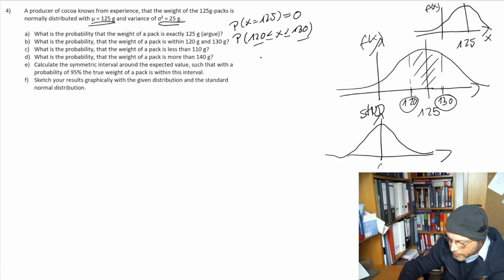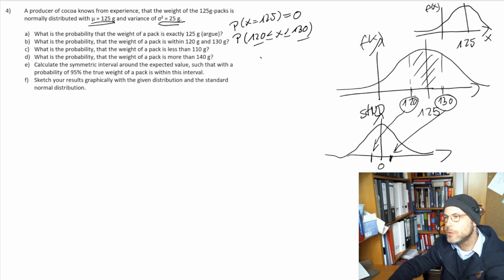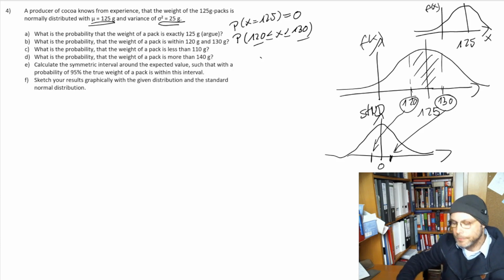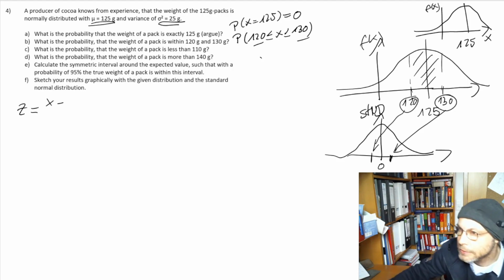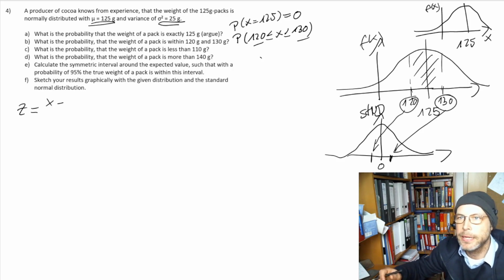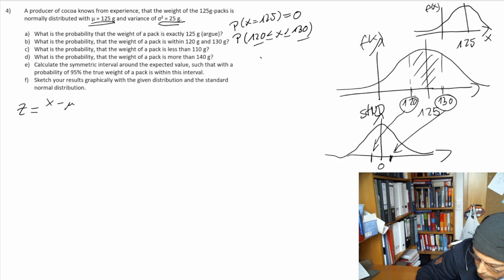Here we have the 0, and now we need these two numbers. And what do we do? Remember, that equals (x minus mu) over sigma.